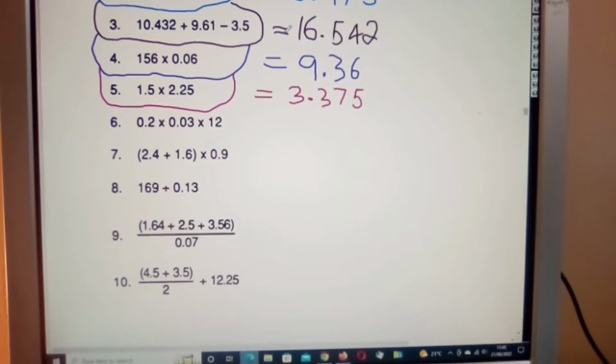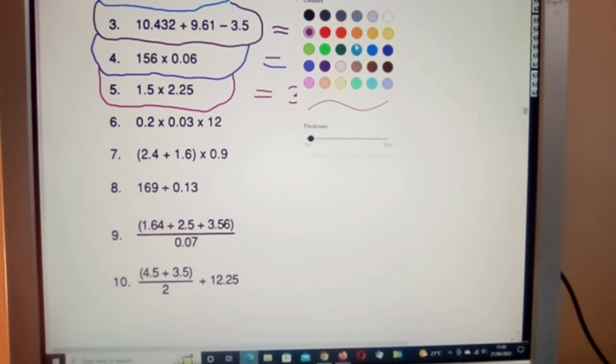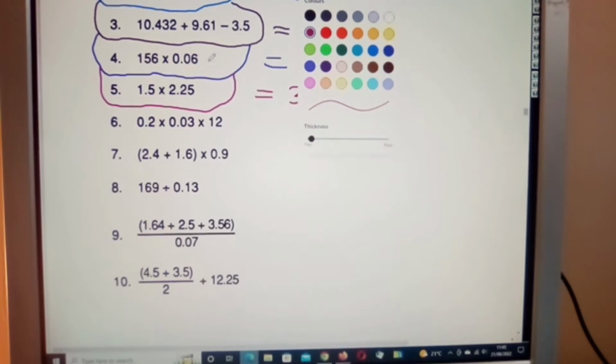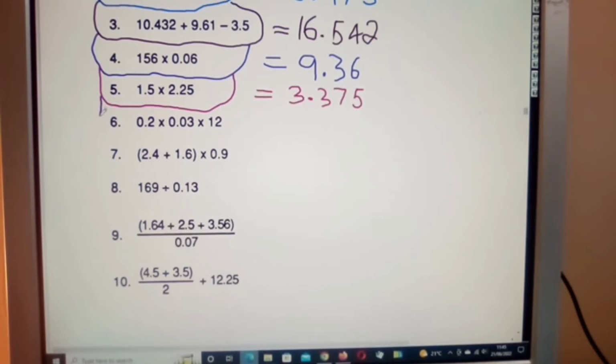Next one. Let's change the color of my pen again. Right there, and we're going to bring that into here.